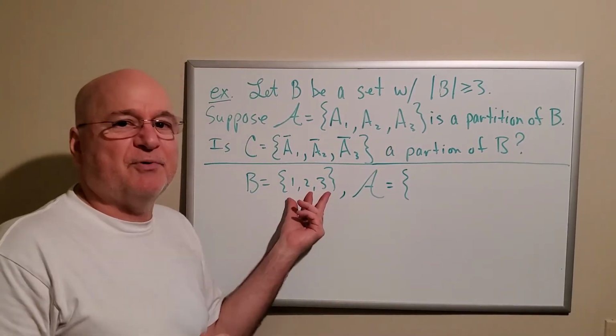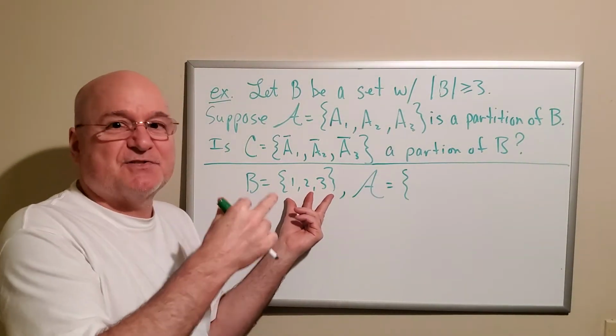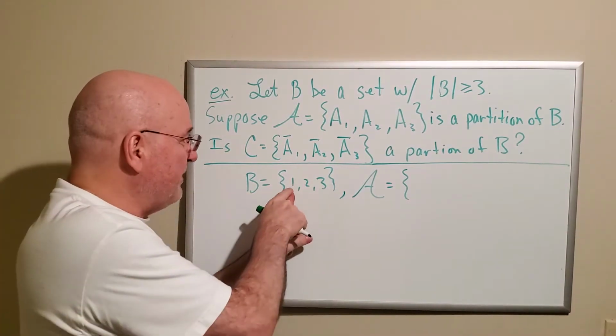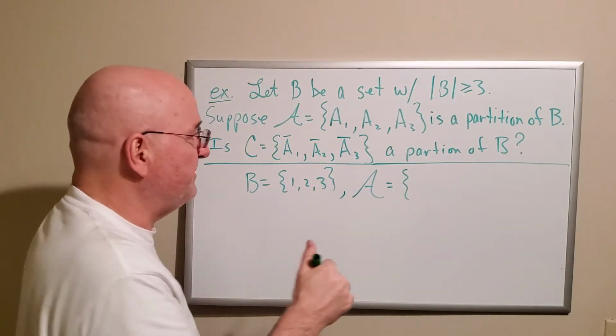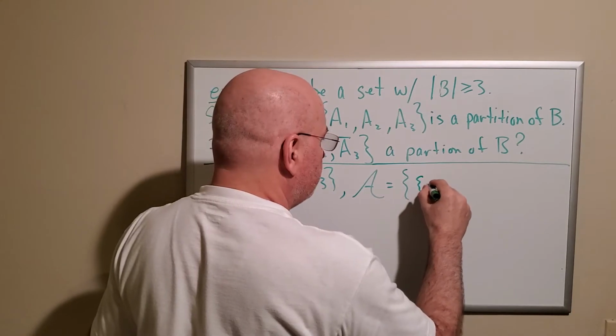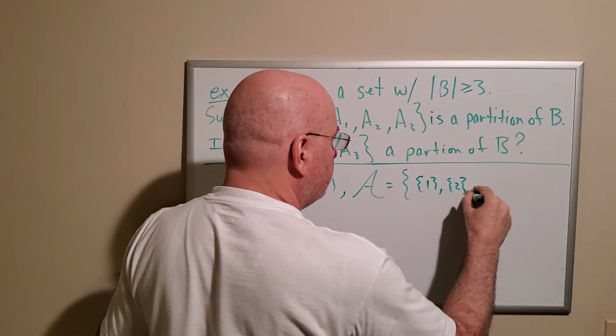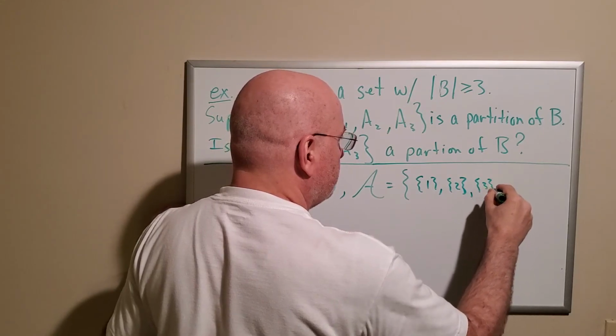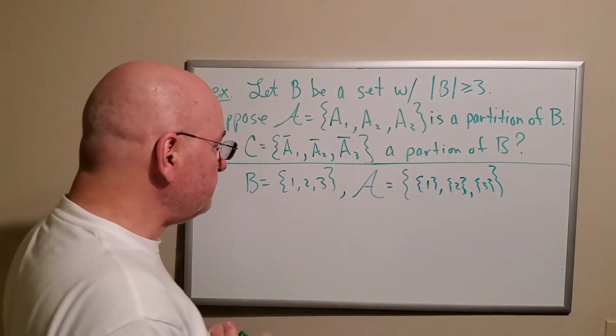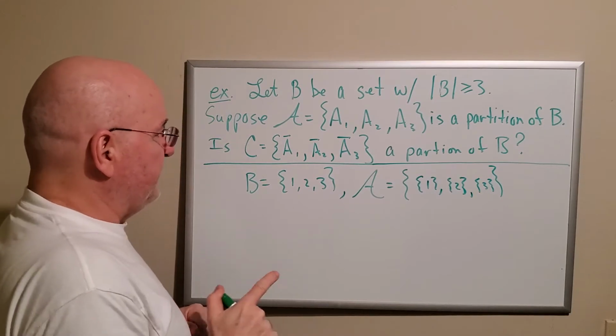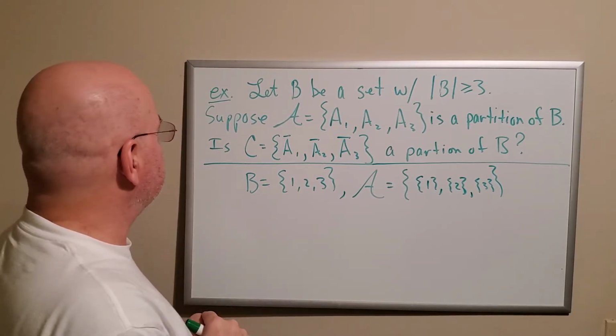Actually, there's only one partition that has 3 sets in it. You'd have to take one of them as 1, one of them as 2, and one of them as 3. I should have used my shorthand here. All right, now let's see what happens.